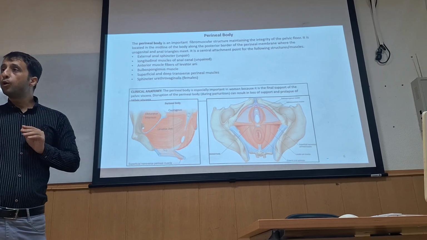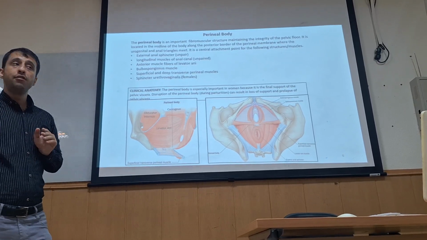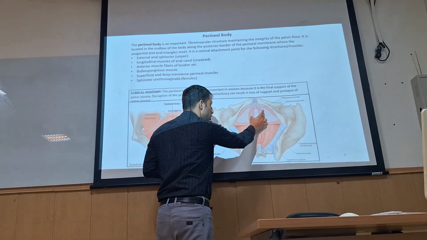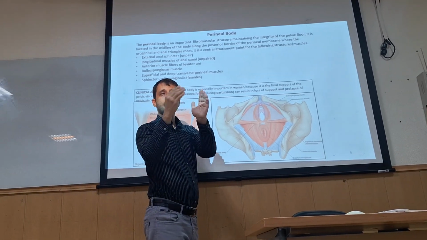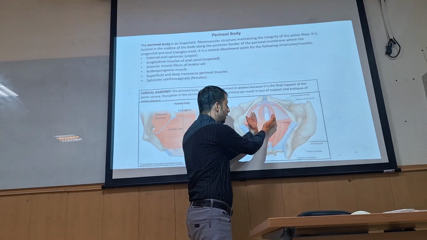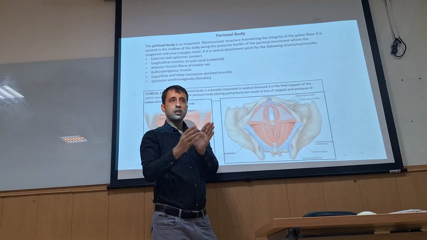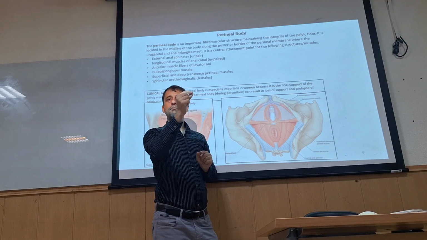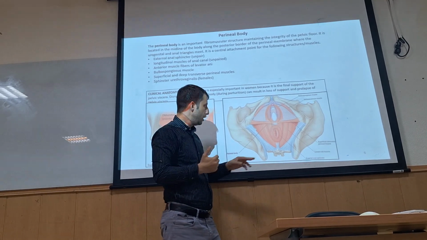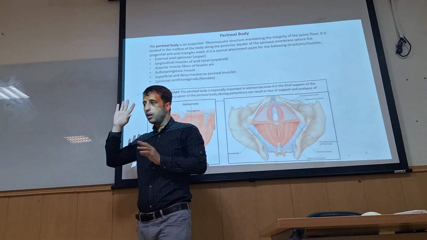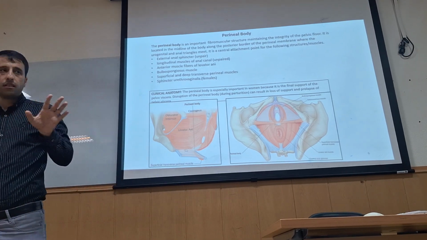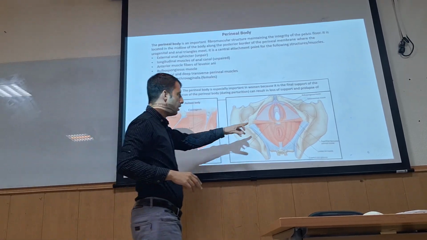But in both men and women we have two bulbospongiosus muscles. In the female they are completely separated, but in the male they are partially separated by a median raphe. These were the 10 muscles which end at the perineal body.